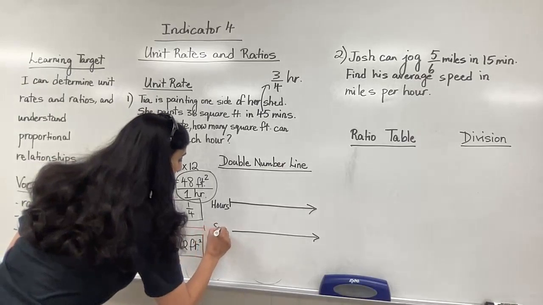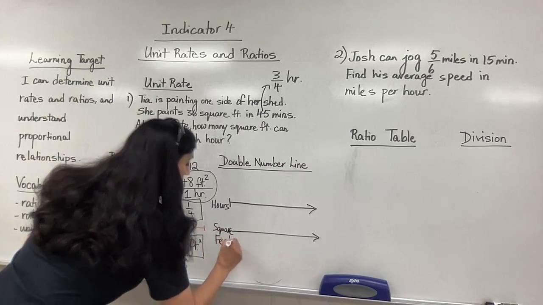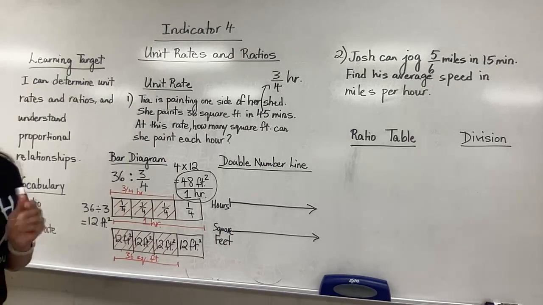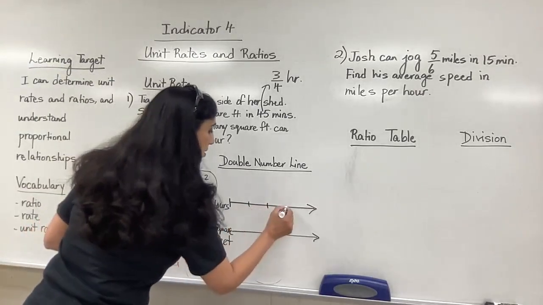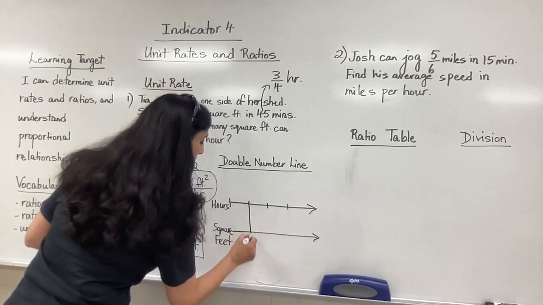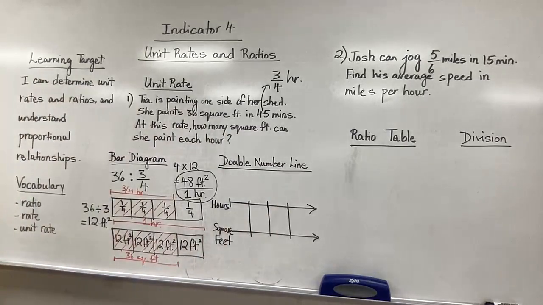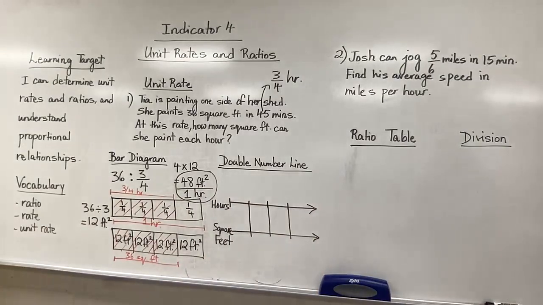Then we are going to label the 4 equal increments of 1/4 on the top number line. So I'm just going to go all the way down, because 4 equal increments. And as we can see, 1/4, 1/4, 1/4, that is 3/4. Each is like what, 15 minutes, right?